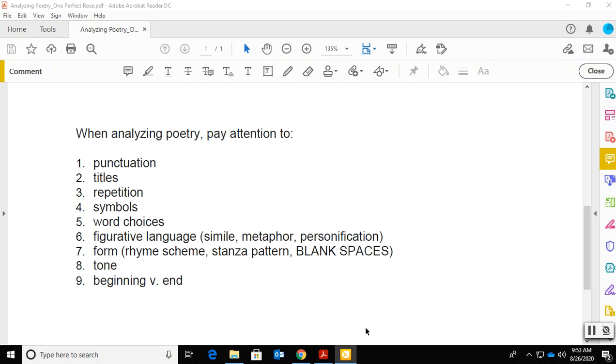Where has the poet deviated from a pattern he or she has established? So I think if you approach reading poetry in these 9 specific ways, you'll learn a lot about how a poet puts together a poem, and you'll be able to tease out what the poem is saying about a particular subject and how that particular poem is saying it.